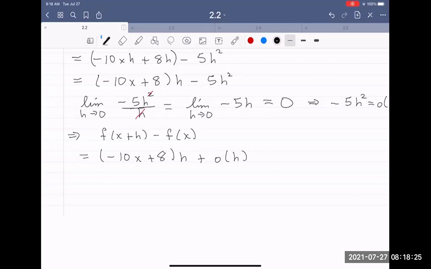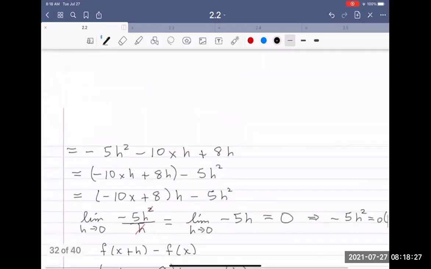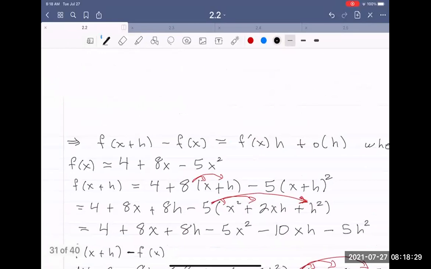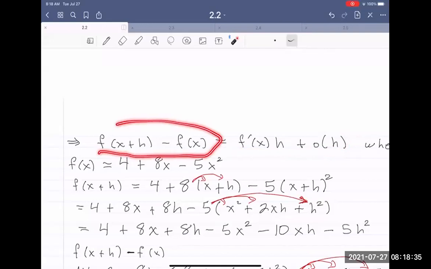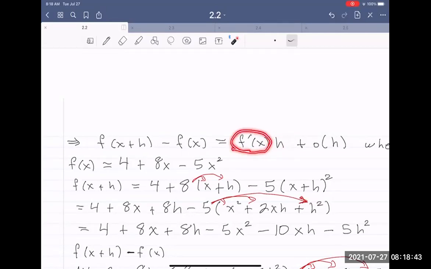Oh, and if you look, I wanted to rewrite this as some function of x times h, no h's here, plus little o of h.